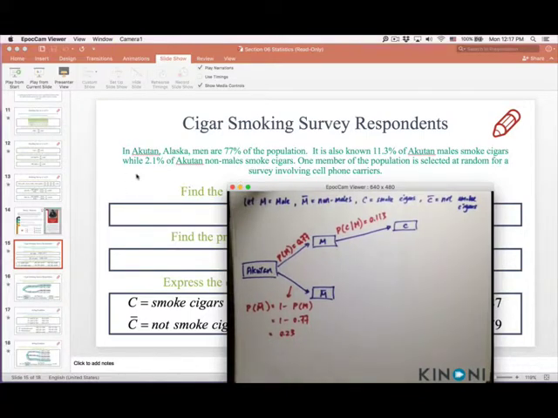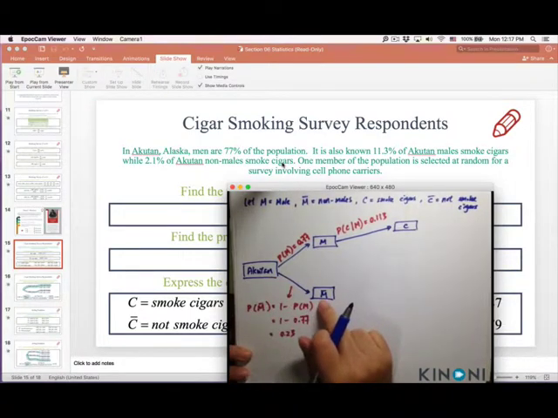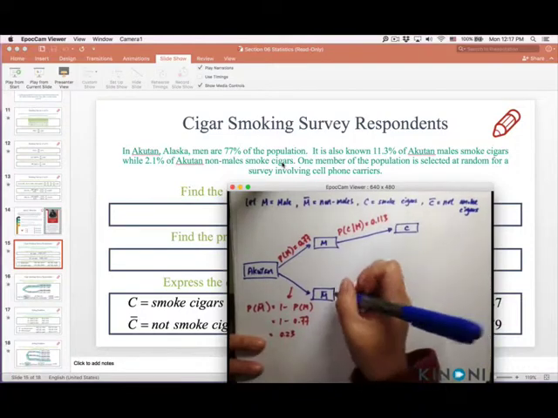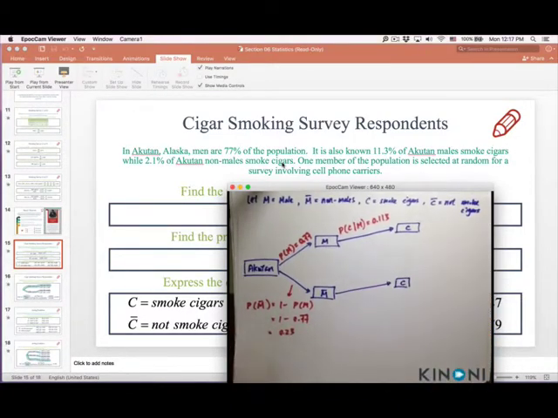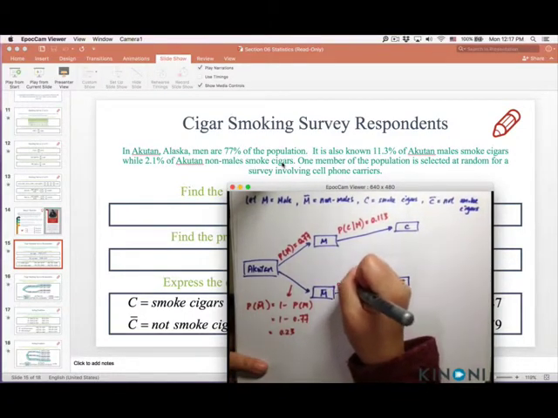And then they say, while 2.1% of Akutan non-males smoke cigarettes. So first, they are non-males, and then the probability that they smoke. This is also a conditional probability.